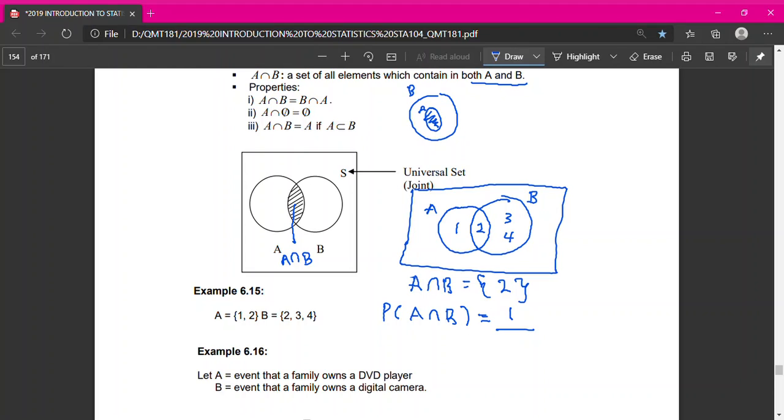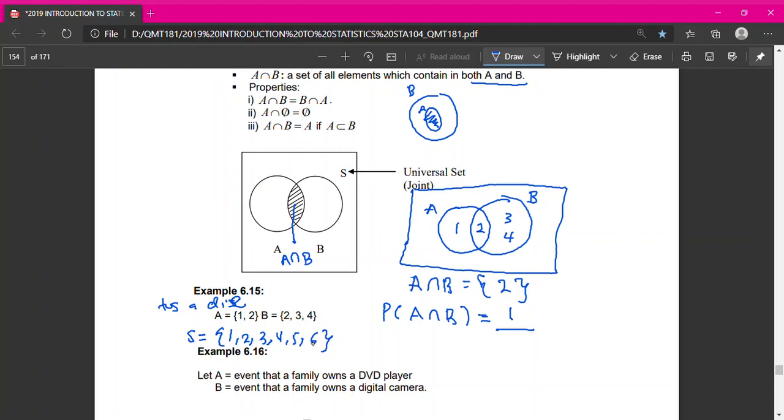Contohnya lah kat sini, I buat contoh a die. Toss a die. So, dia punya sample space S adalah 1, 2, 3, 4, 5 and 6. Sample space dia. Okay, event A adalah 1, 2, event B 2, 3, 4.